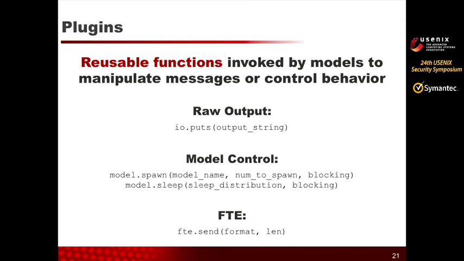Another thing to point out is this sleep method, which would basically help you control different types of timing features. And this demonstrates a different way you can embed some traffic analysis resistance.